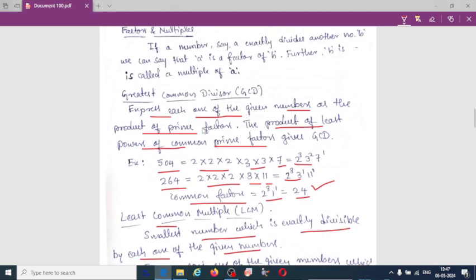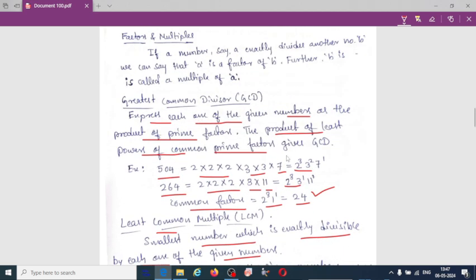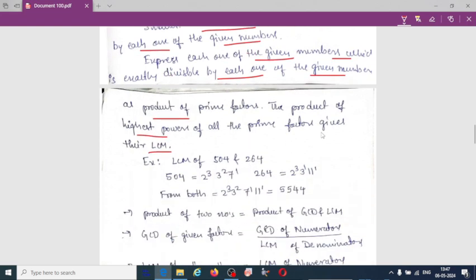So LCM is quite opposite to GCD. For GCD, it is the product of the least power of common prime factors. For LCM, it is the product of the highest power of all the prime factors.